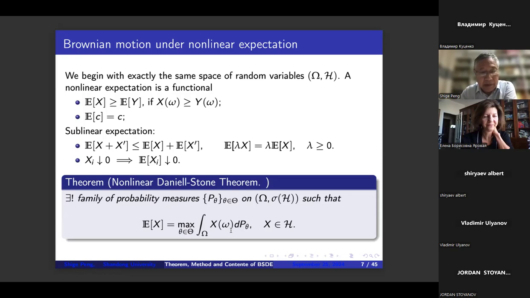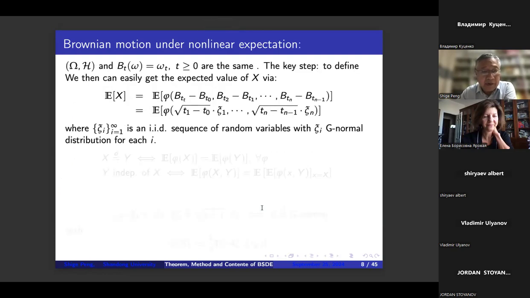Okay, so after obtaining this omega, H, E, for Brownian motion, the definition of omega H can be exactly the same. What is different is for this triplet.